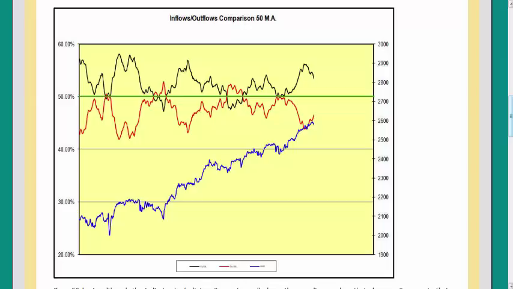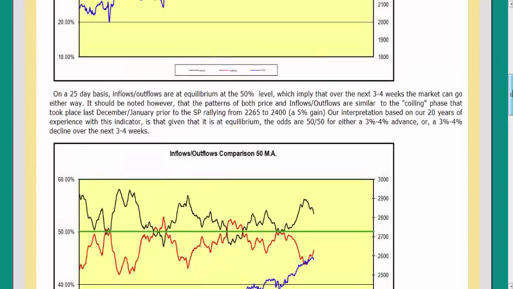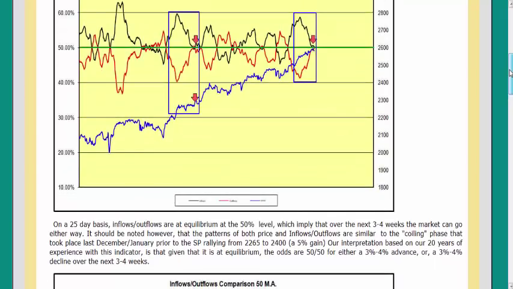Well, that means the continuation then, I would assume, of extremely low market volatility from now to the end of the year. At least. Yeah. Yeah, and also, even that right now we are at equilibrium, that tells me there's a 50-50% chance that from this point onward, the odds are equal to have a 3 to 5% correction or a 3 to 5% advance.